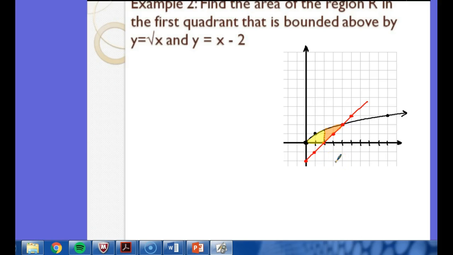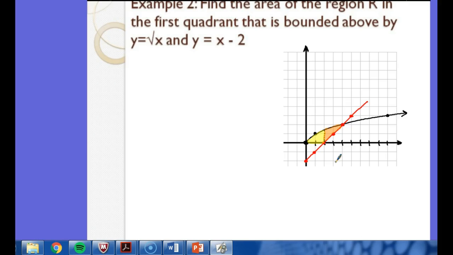We see that? So if you integrated with respect to x's, you would actually have to set up two integrals. You'd have to set up the integral from 0 to 2 with the square root of x, and then the integral from 2 to 4 with the square root of x minus 2. So you can eliminate doing two integrations into one by doing right minus left.